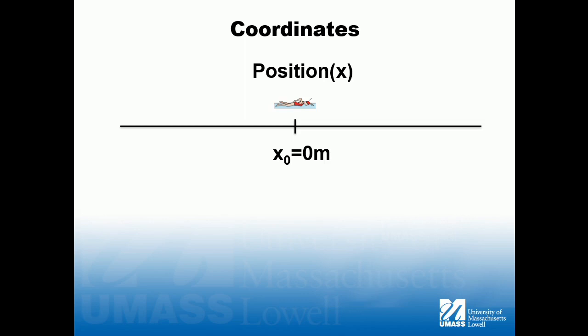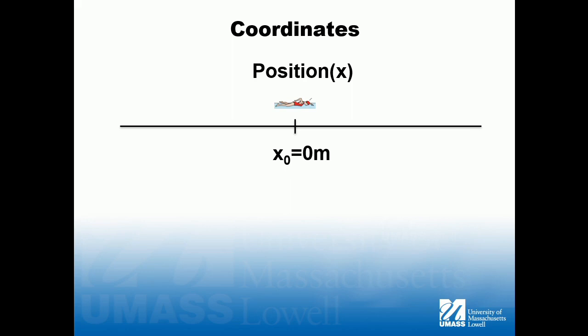Now, motion in a straight line, you have two options. You go that way or that way. Along the line, you only have two directions. So if I call one direction positive, the other direction is automatically negative. Does that make sense? And it's your choice. That convention of which direction is positive is totally up to you. But once you choose that going that way is positive, then going the other way is automatically negative.